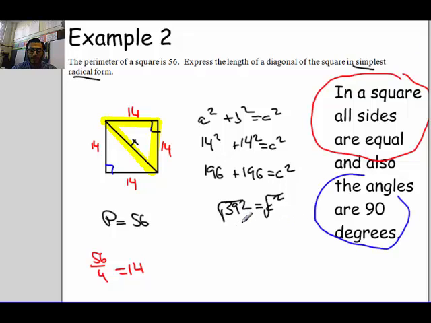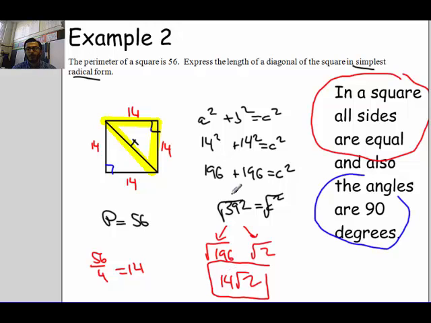So we have to factor 392 with a perfect square. We already know 196 is going to be a perfect square. So I could break this up with 196 and 2. And the square root of 196 is 14, so I get 14 radical 2. That's the answer.